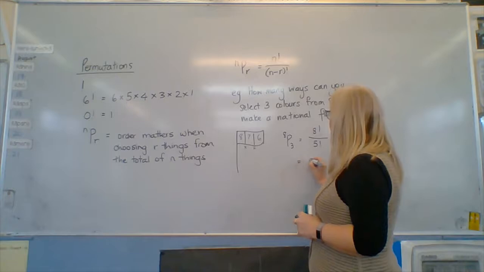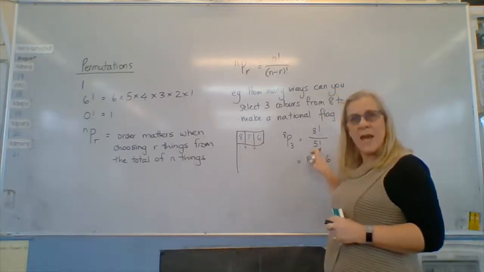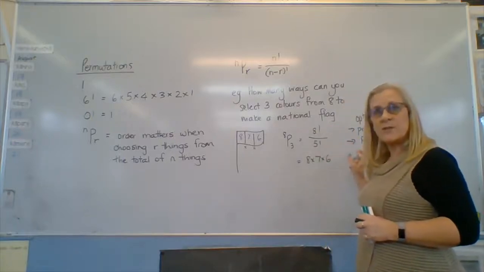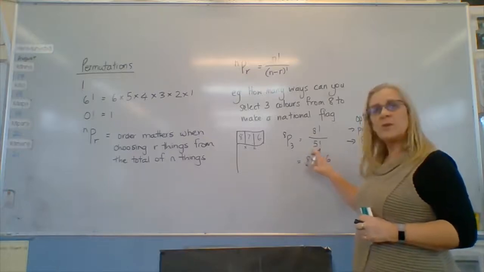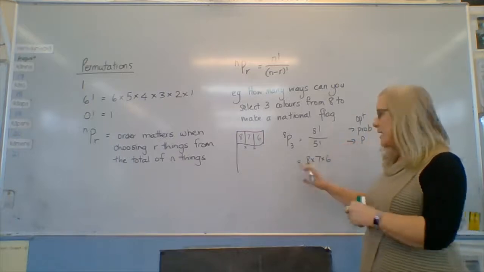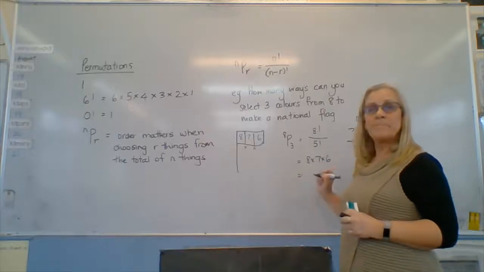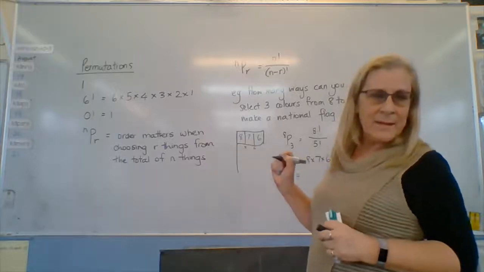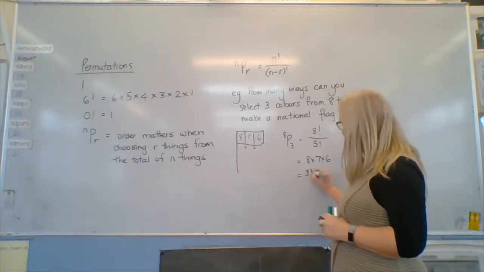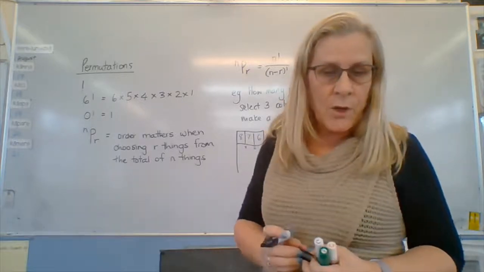But it's really easy to do in your head as well, because the 5 factorial cancels out. This goes 8 all the way down to 1, this goes 5 all the way down to 1, cross it out, and we're left with 8 times 7 times 6. So what is the answer? $336. Happy with that? Okay.